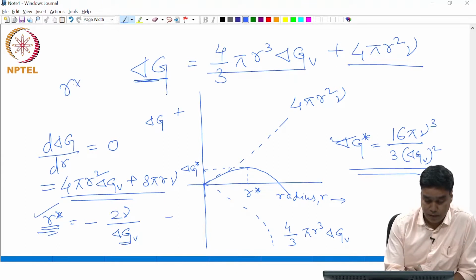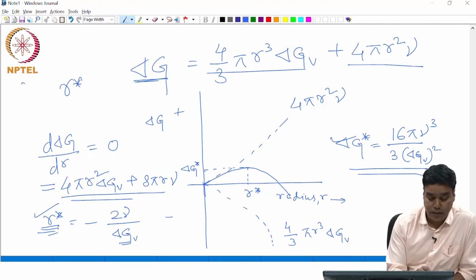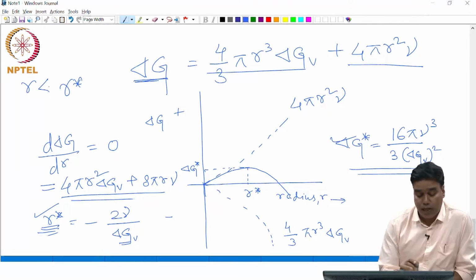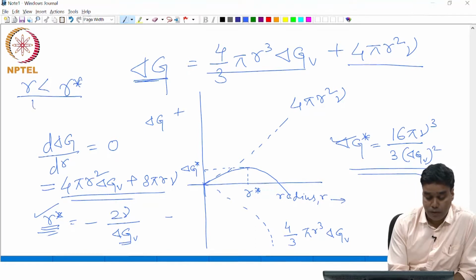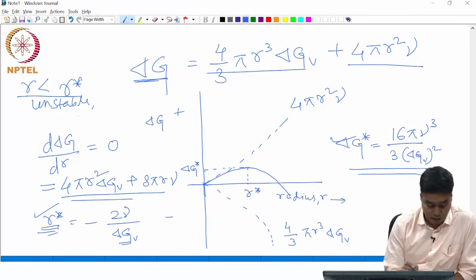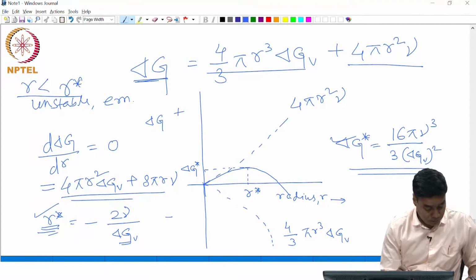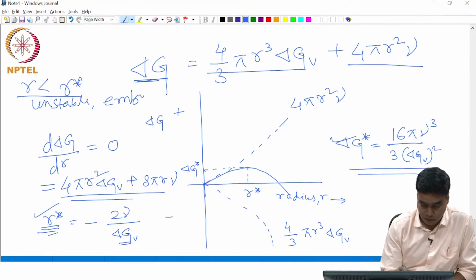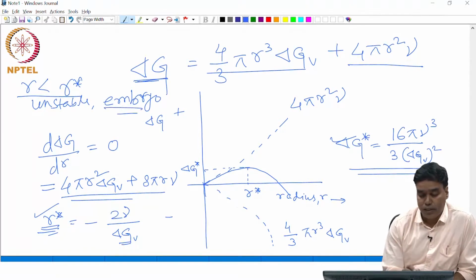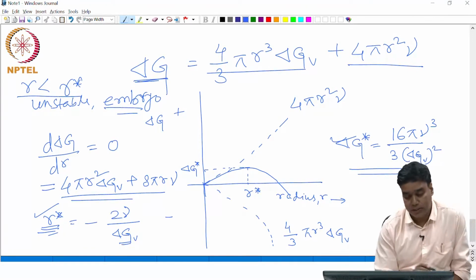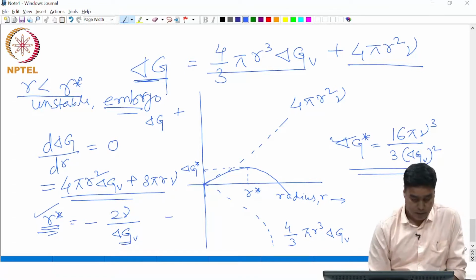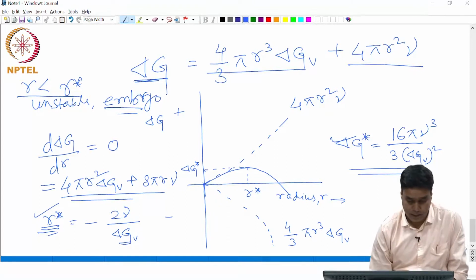If r is below r star, it will be unstable, and then the nucleus is called an embryo, and only when it is more than the critical size r star, this nucleus will grow as a solid particle, right.